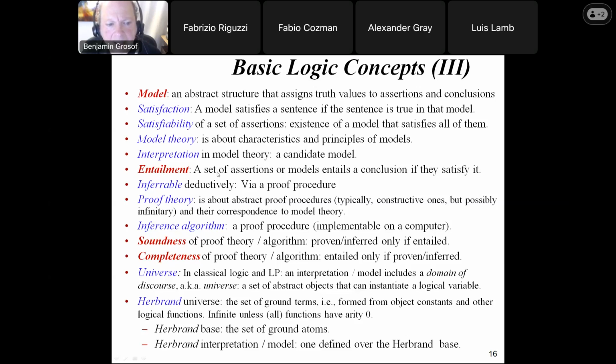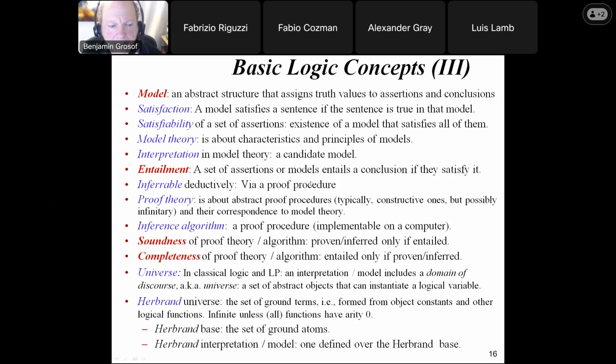Entailment is another key notion, and it means a set of assertions or models sanctioning a conclusion. And inferability is in the sense of deduction via some kind of proof procedure. So that's distinguished from entailment because it's not about the model theory directly.